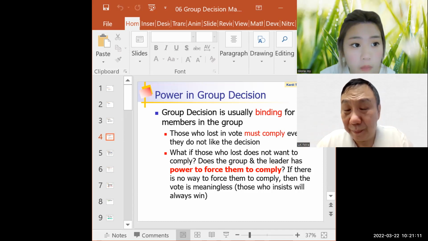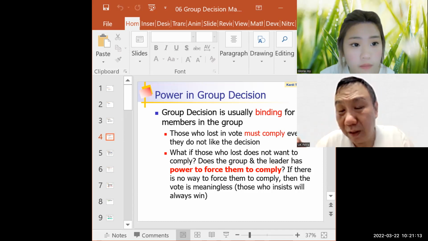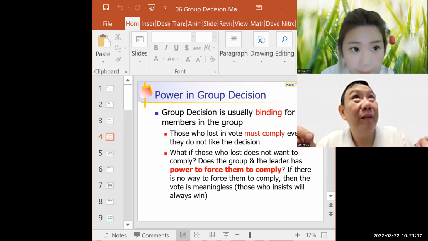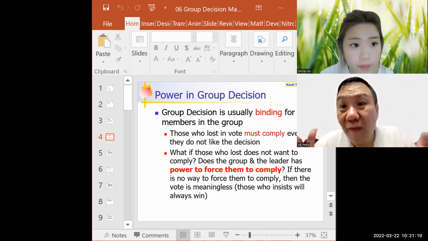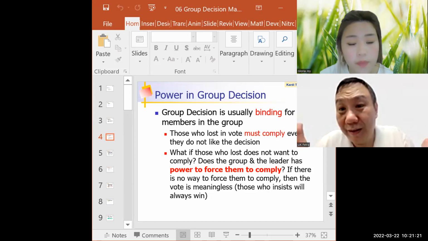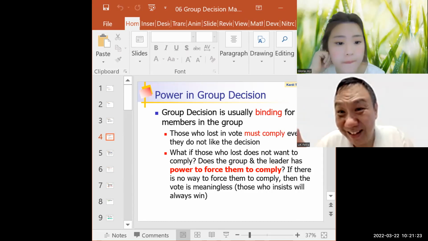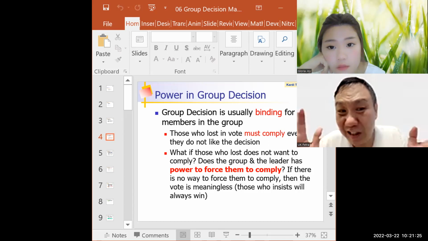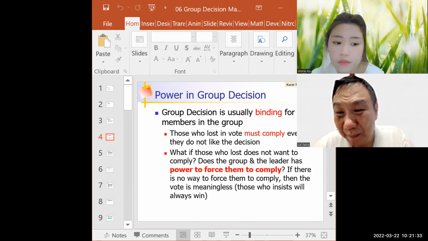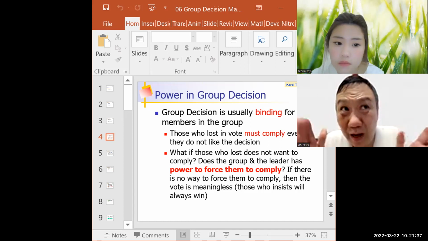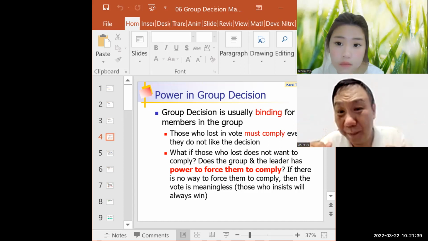So now you do voting instead of consensus. Say 7 out of 10 win. Is this the consensus or not? Say, for example, you have 10 members in the team.